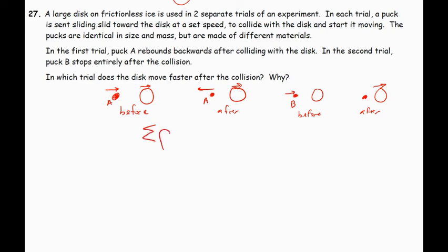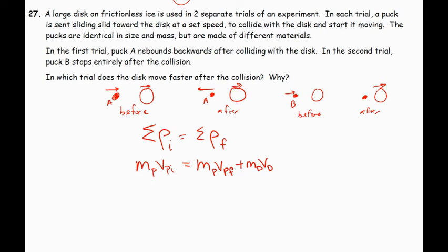So the sum of momentum initial is equal to the sum of momentum final in both cases. So in both cases, no matter what, you have the mass of the puck times the velocity of the puck initial is equal to the mass of the puck times the velocity of the puck final plus the mass of the disc times the velocity of the disc final, okay?